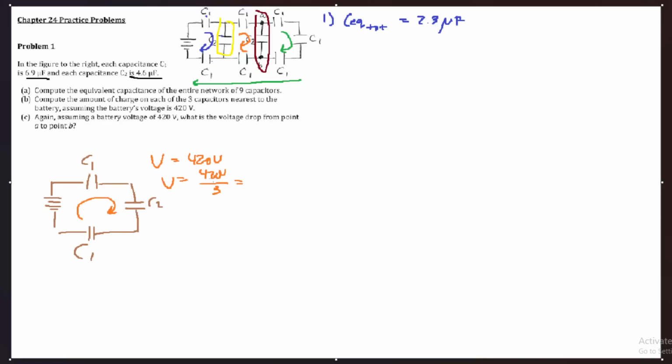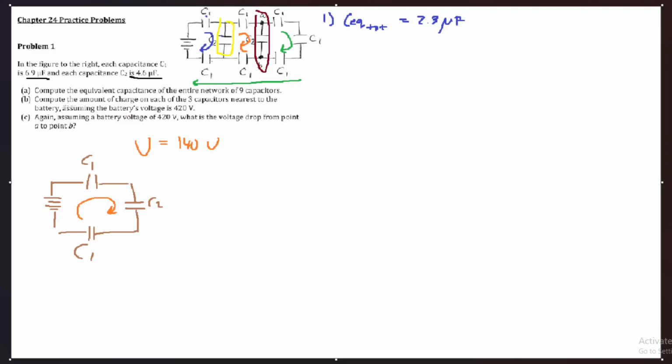And if we do this, I believe it's just 140 volts. So our V is equal to 140 volts.